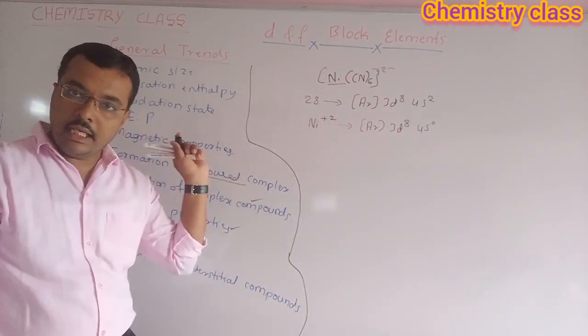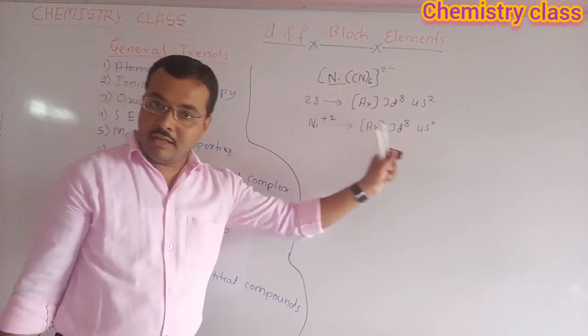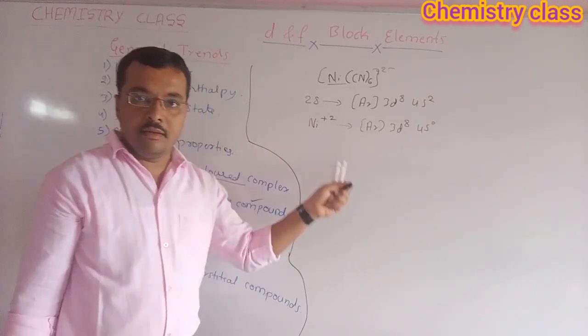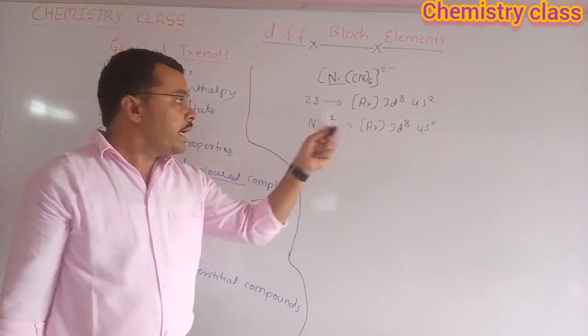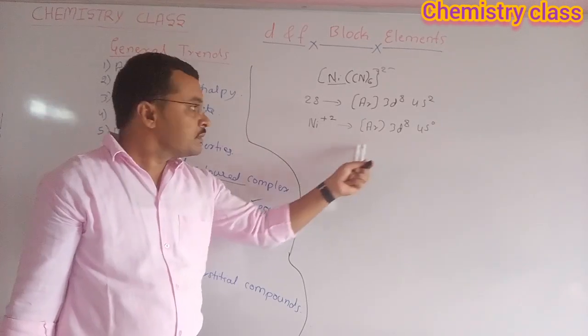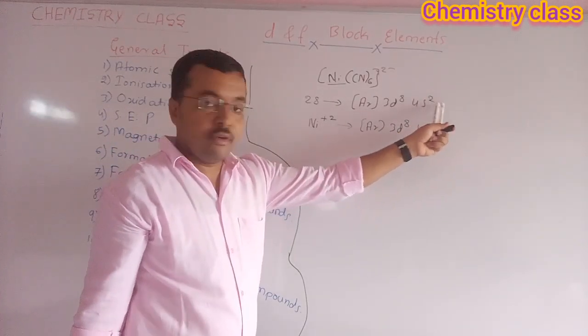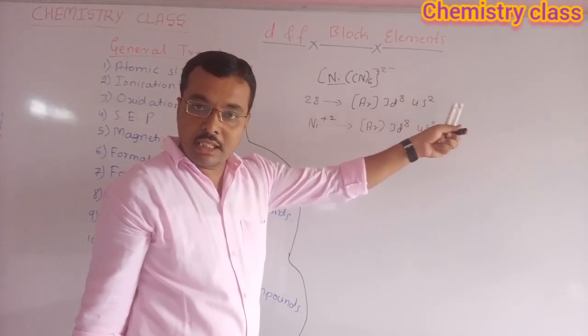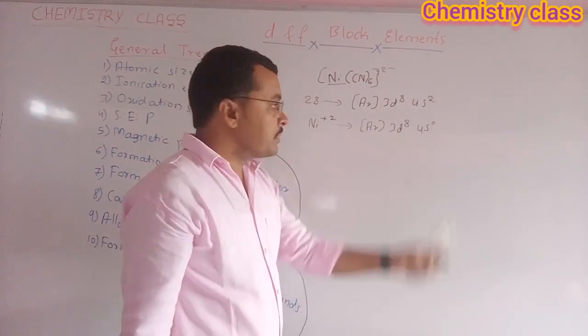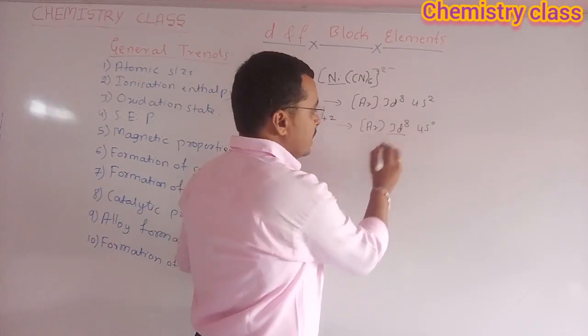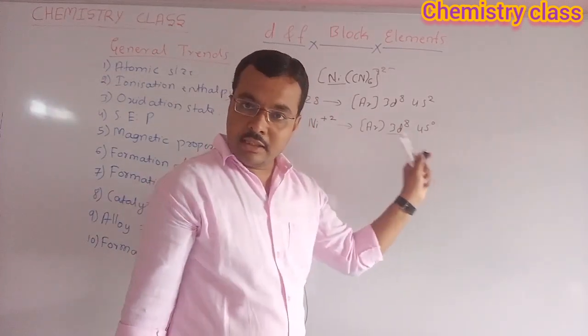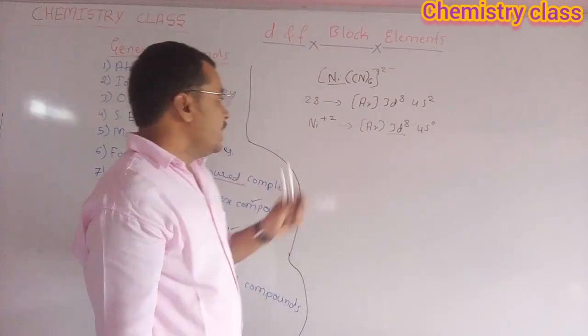This is the excited state electronic configuration of nickel. It means the outermost 4s2, lower energy electrons, will undergo ionization. At that time 3d8 is the outer valence shell electronic configuration for nickel.